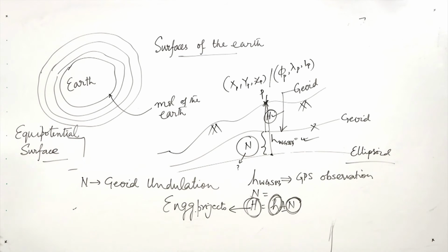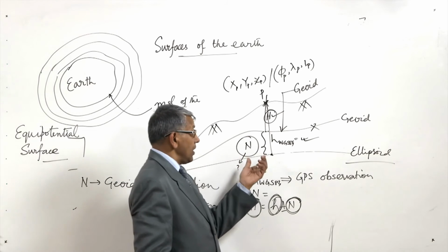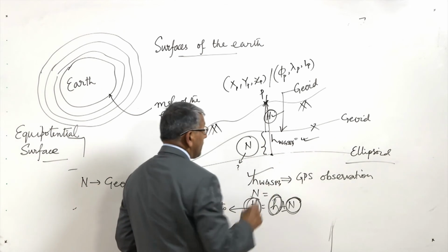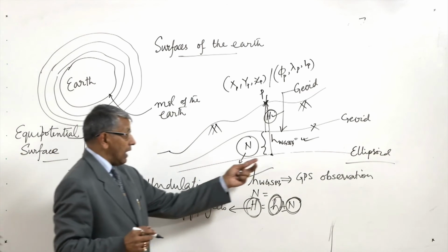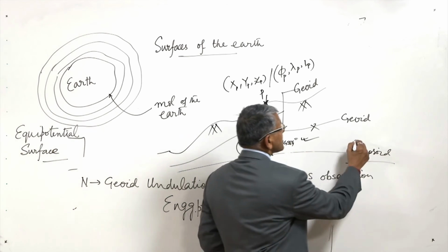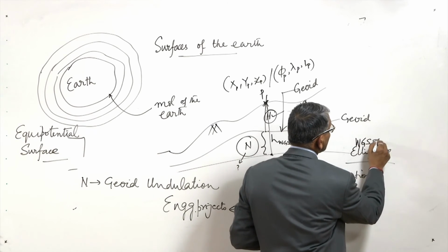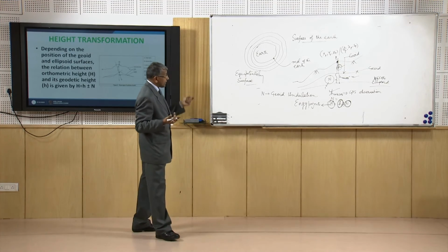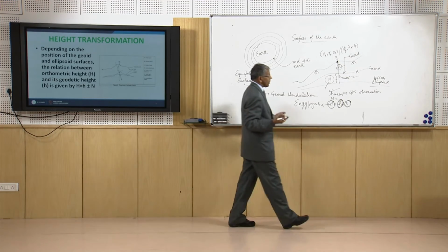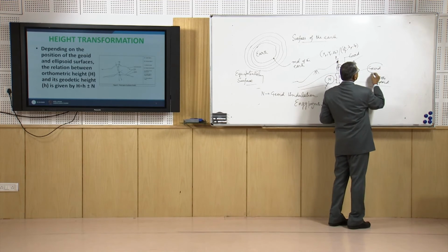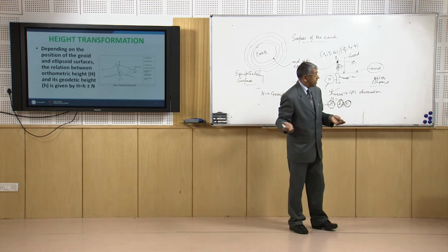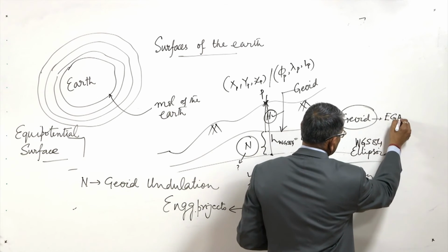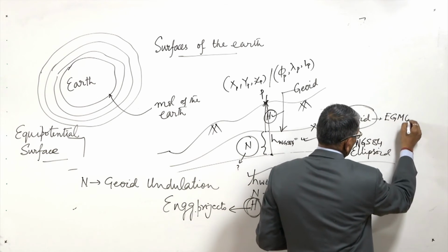Now in case of GPS observation, we know we will be able to get this value, and we know this reference is the WGS 84 ellipsoid. The WGS 84 reference system also provides us a mathematical model which represents the geoid, that is called Earth's Gravitational Model 2008.